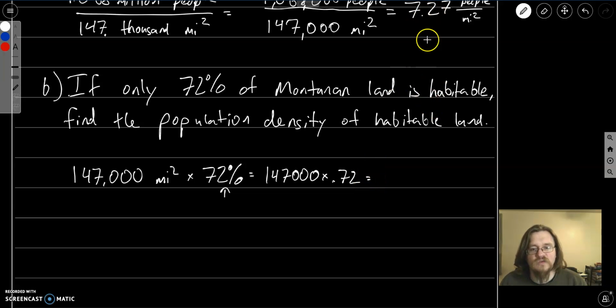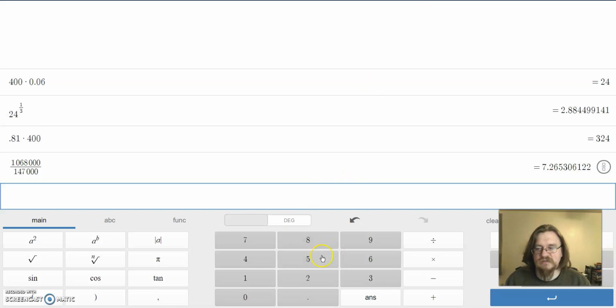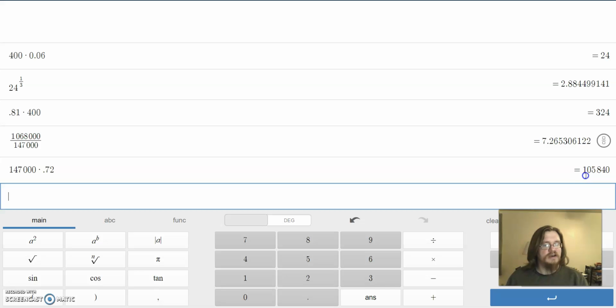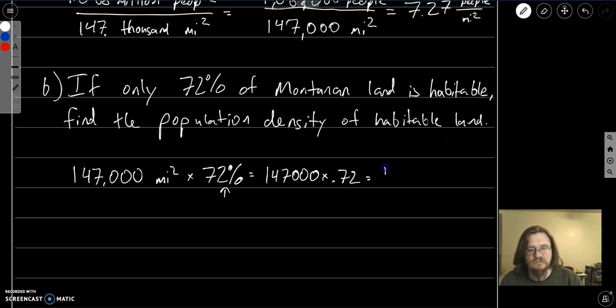We can plug this into Desmos. 147,000 times 0.72 is going to be 105,840. And again, this is square miles. This is total land, and over here, this is the habitable land.